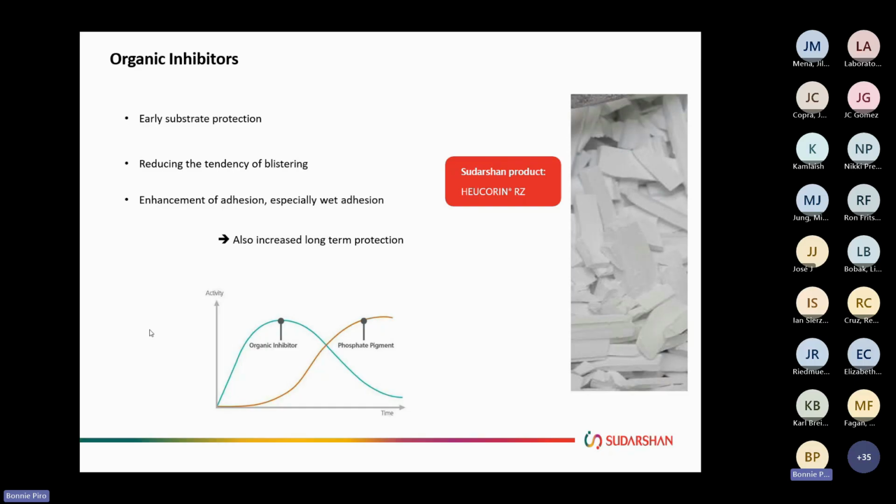So if you look at this activity versus time chart here, the organic inhibitors are what I say the first out the door as far as providing protection, and then the phosphate pigments are there for that long term protection.